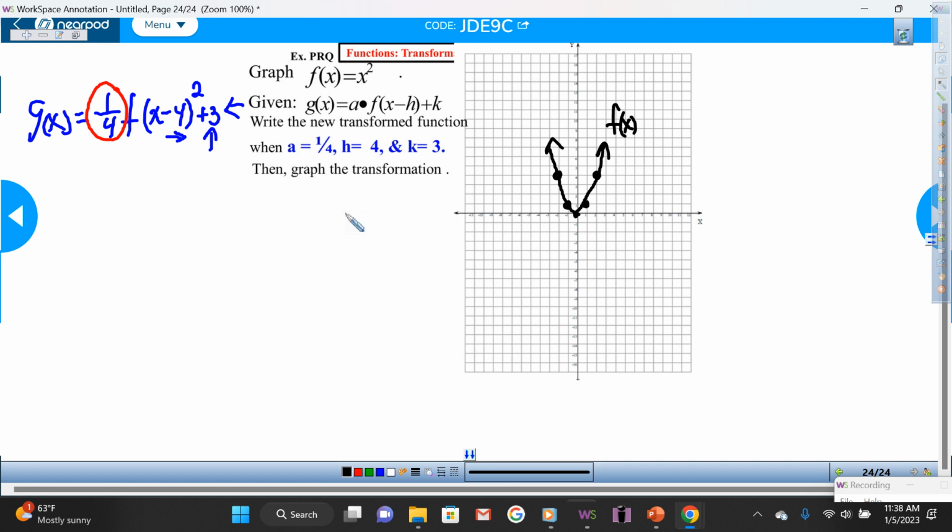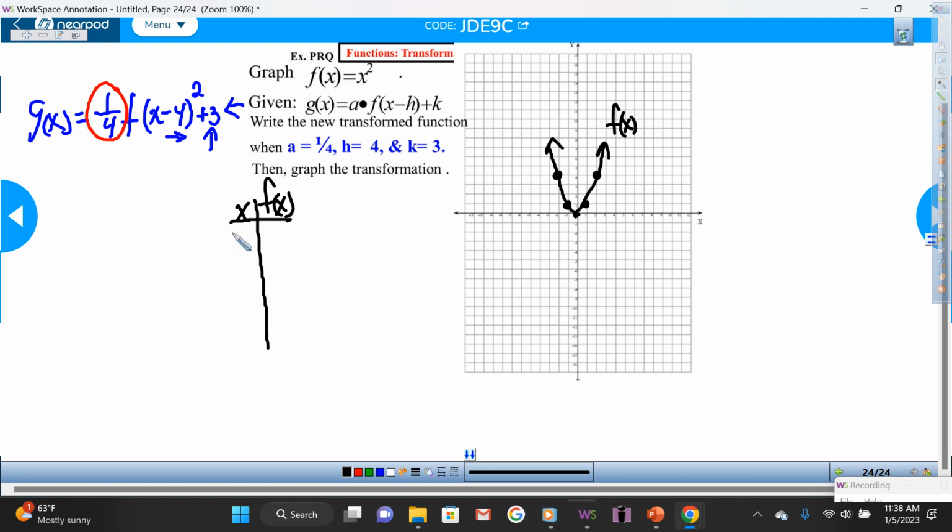Look up. We need a table for the original one. So you're going to write x, f of x. What domain do we use?